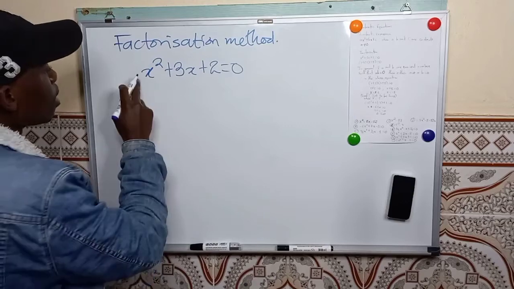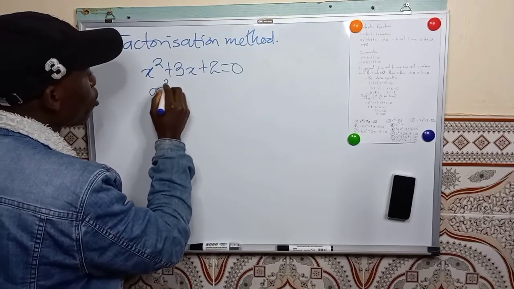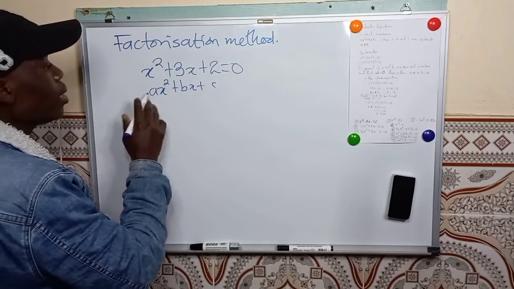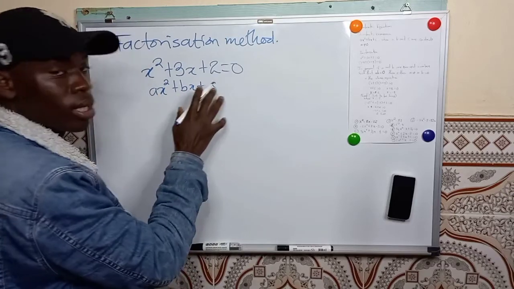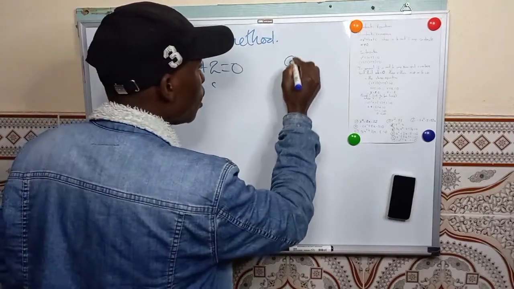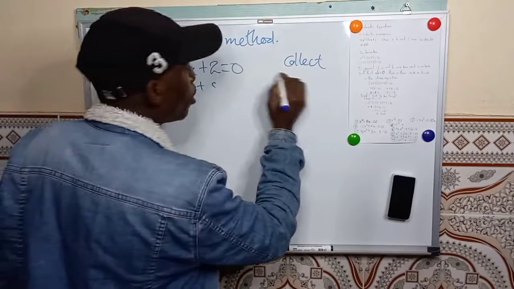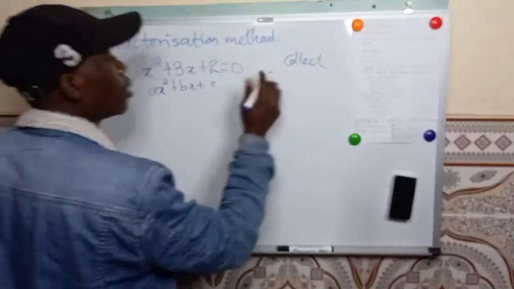You will note that this is in the form of ax squared plus bx plus c. So what is our a, what is our b, and what is our c? We collect our data here for the sake of understanding well.